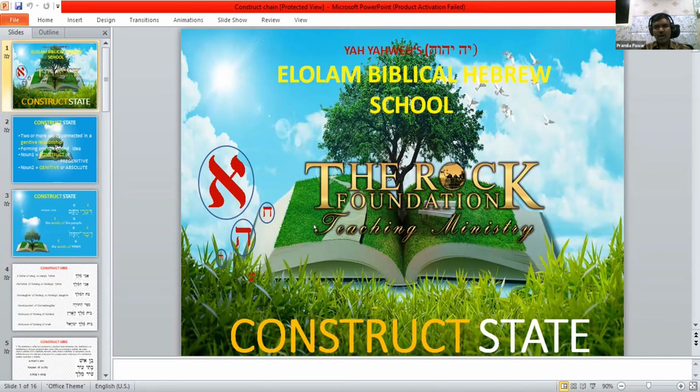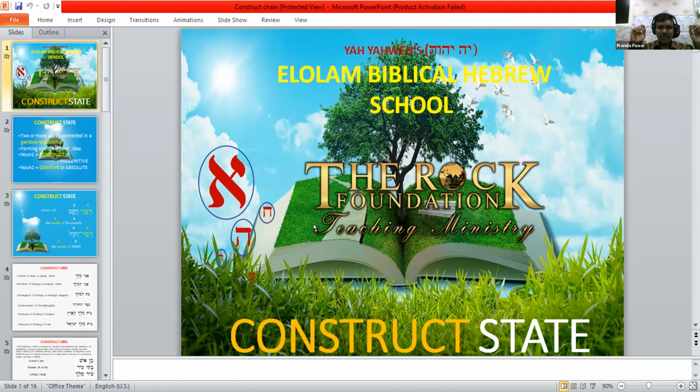So words of God or Devar Elohim, word of God. So the of relationship we're going to study here. The two or three nouns, when they are connected genitively, with maqqef or without maqqef, will form one compound idea, and that we are going to study in this construct state.